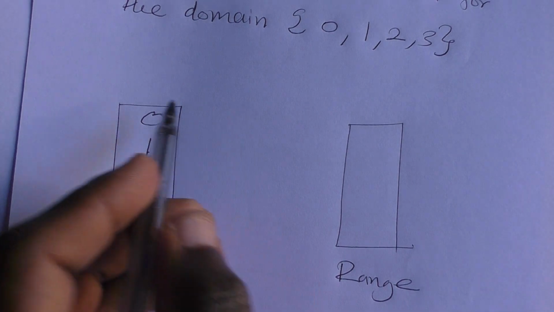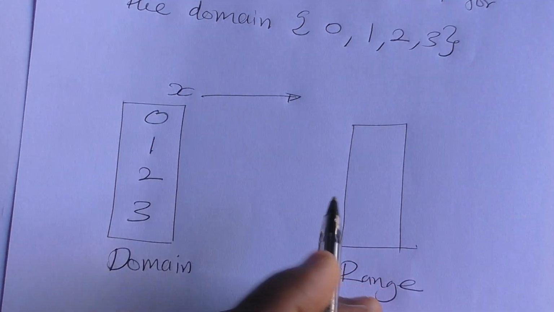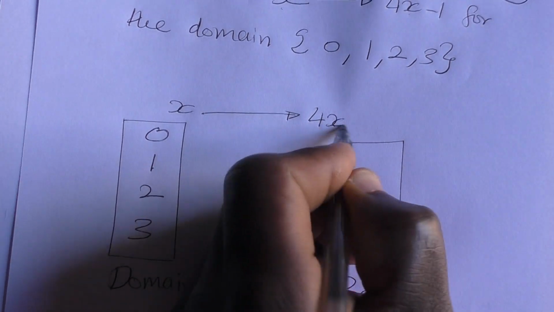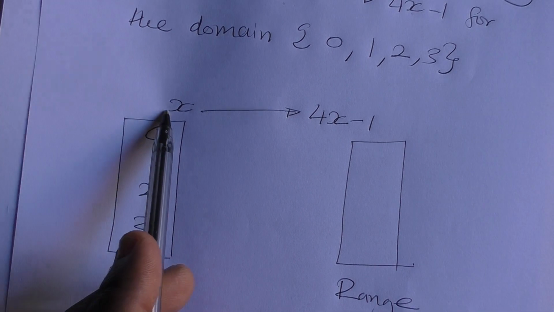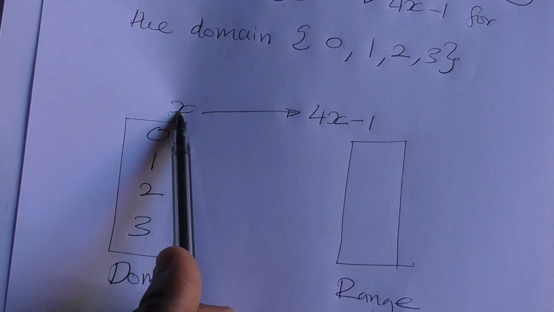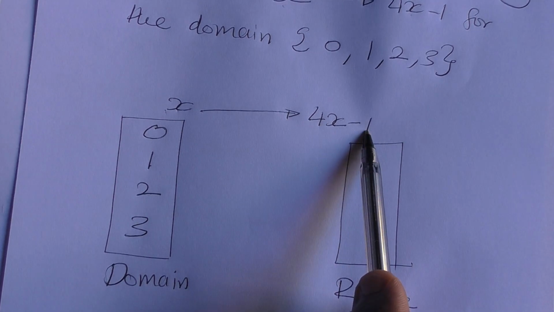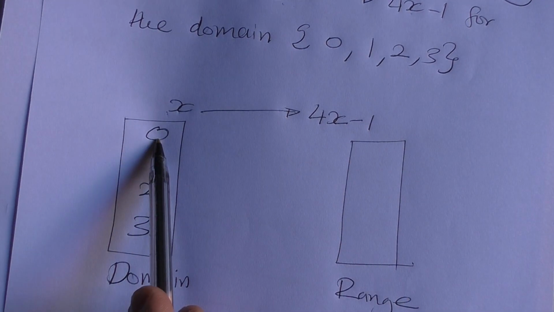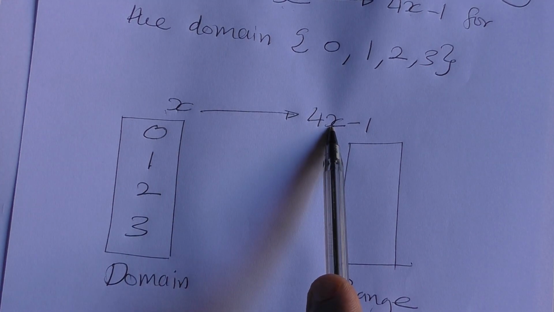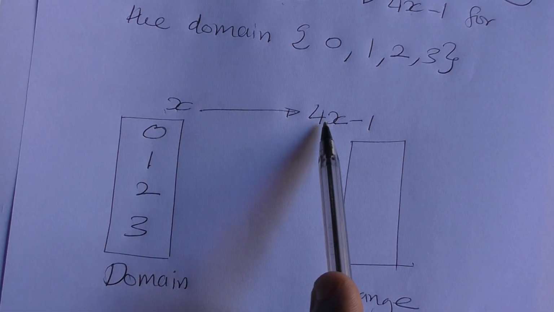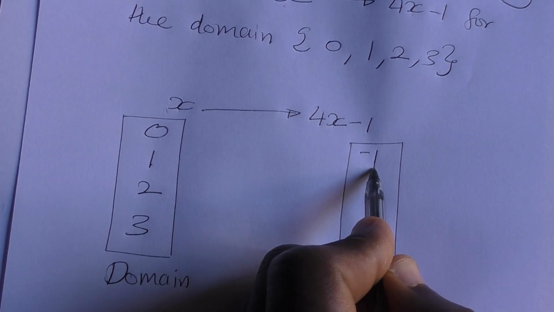We shall use our mapping notation, which is 4x minus 1. So the domain is showing values of x. The range will be showing values of 4x minus 1. Let us start with 0. Where there is x is where we shall put 0. So it becomes 0 minus 1, which is negative 1.